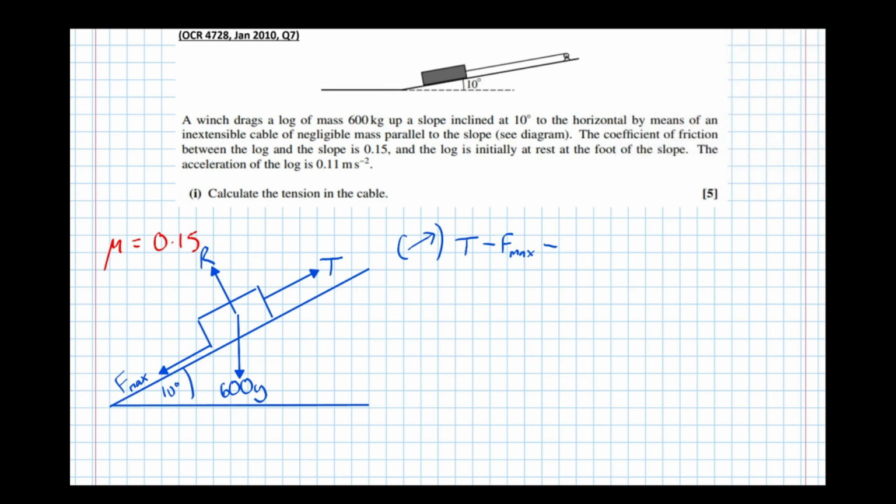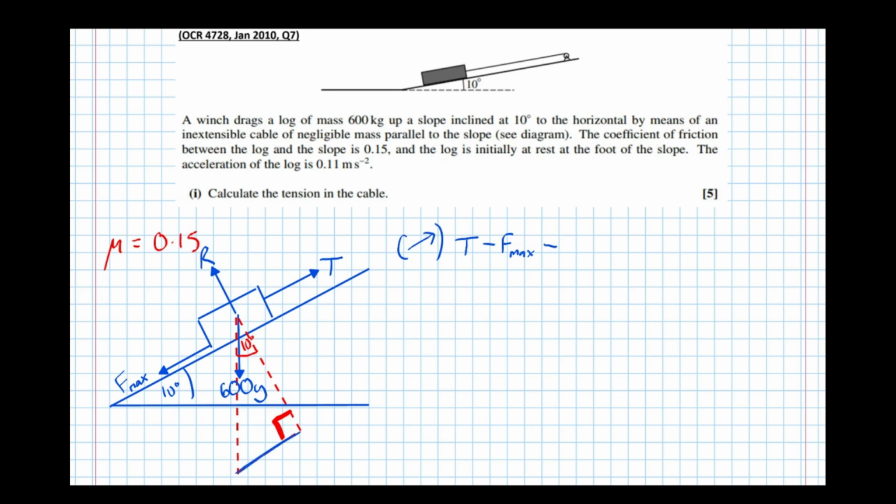So the triangle I'm going to consider, I'll do it in a different colour, is this one here, where the hypotenuse of the triangle is the weight 600 g. The right angle is here, and by the angle laws that we learned at GCSE, this angle here is 10 degrees. So we want the component that runs parallel to the slope of the weight.